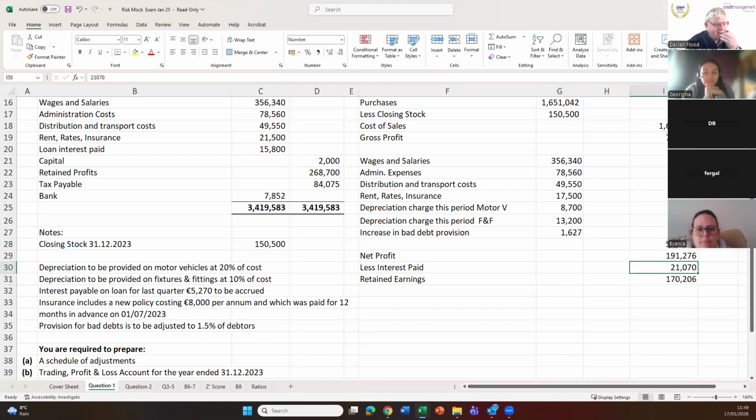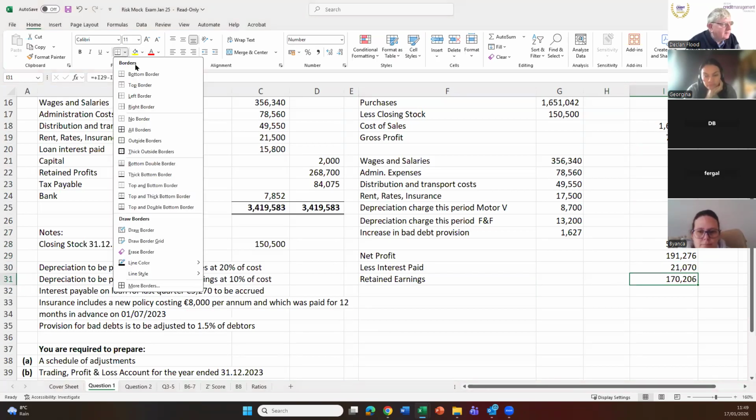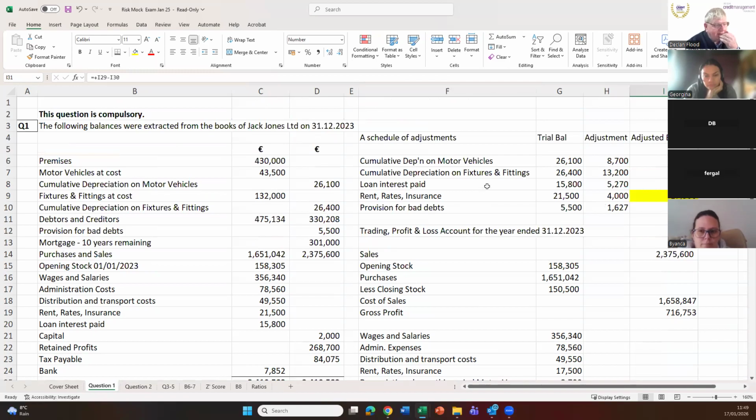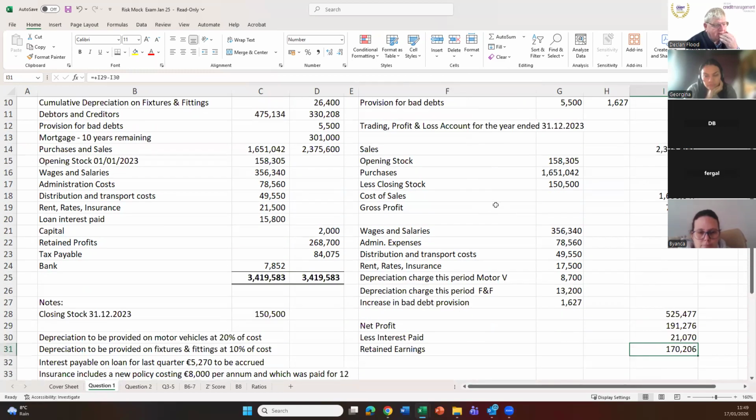That's the interest we paid in the year, that's the expenses we had in the year, that was the gross profit we made in the year. So as a result of calculating the figures, we made 170,206 profit. And that's the P&L account. So that's all you have to do for that.